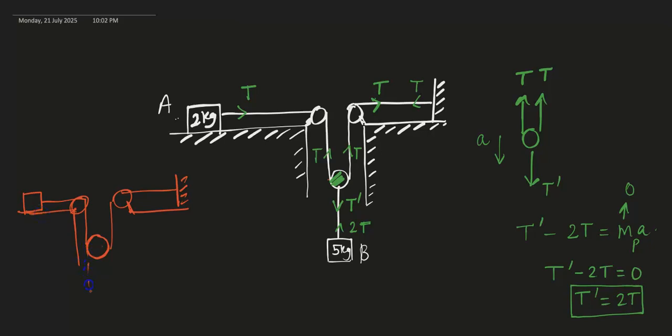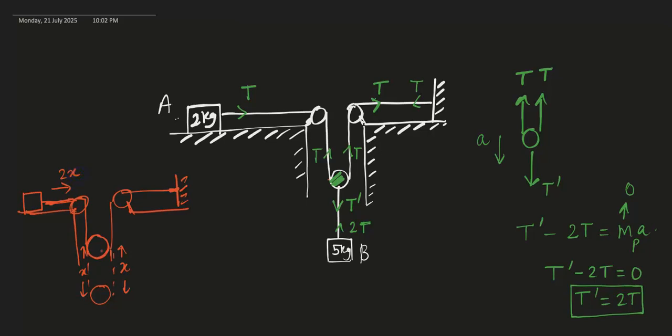Now if this pulley has gone down by a certain amount x, then this string is being relaxed by 2x amount. This pulley has gone down by x, which means there should be extra x string here and extra x string here. Where does it come from? It comes only from this part. Because this part is fixed, only this part can move, and to compensate for this string, this part has to move by 2x amount.